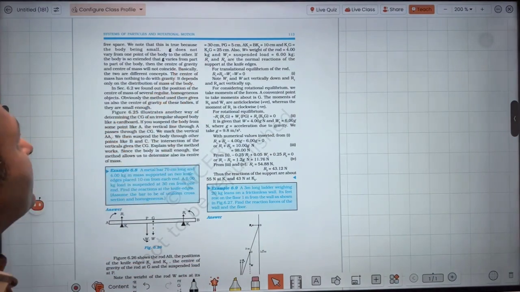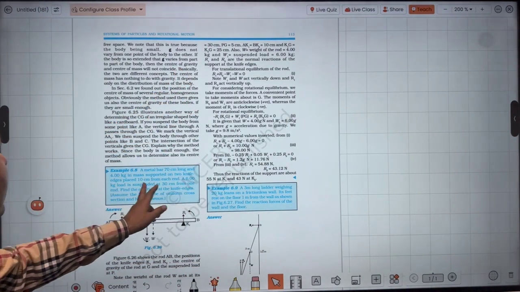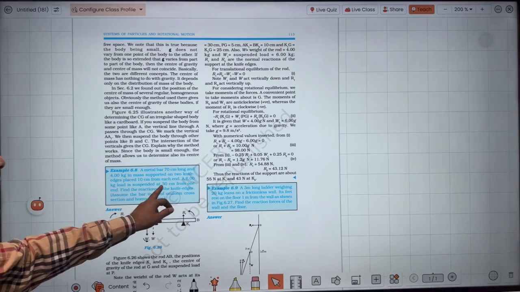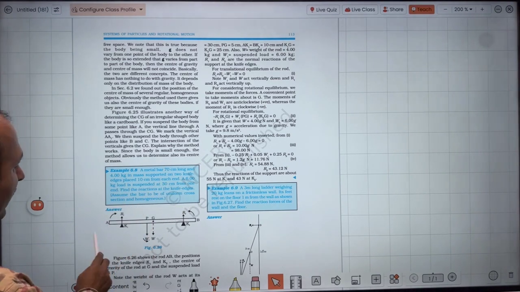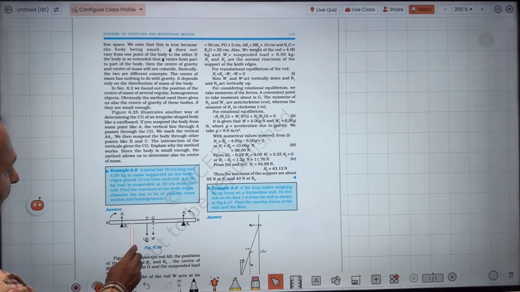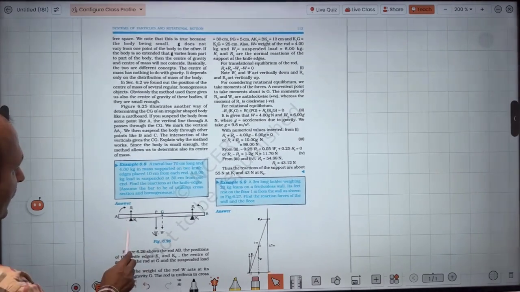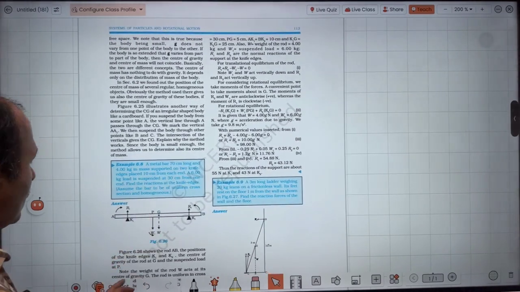And AP is 30 centimeter, because in our question it is given that a 6 kg load is suspended at 30 centimeter from one end. So total it was 35, this is 10, then this portion will be left as 25.